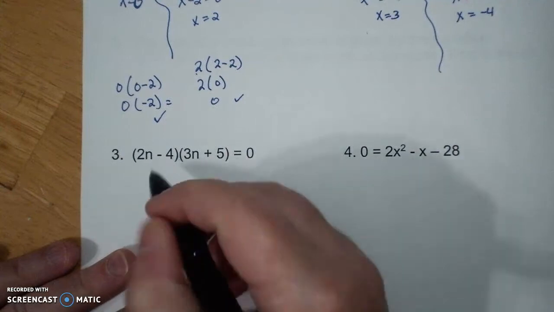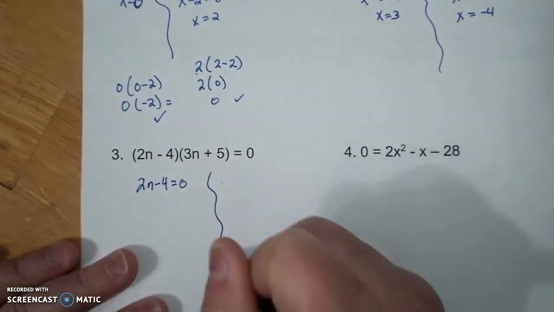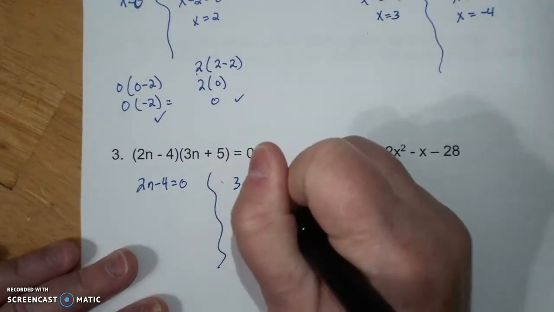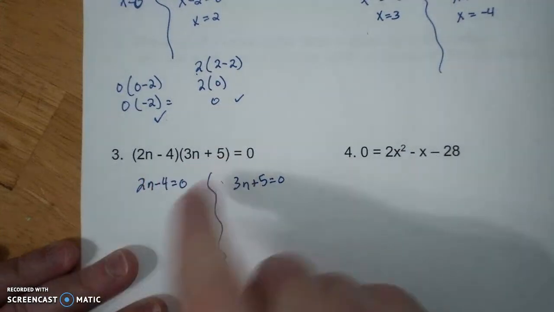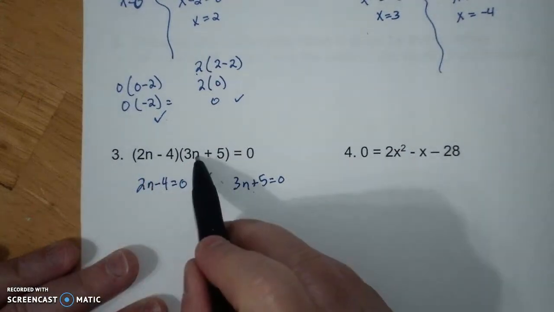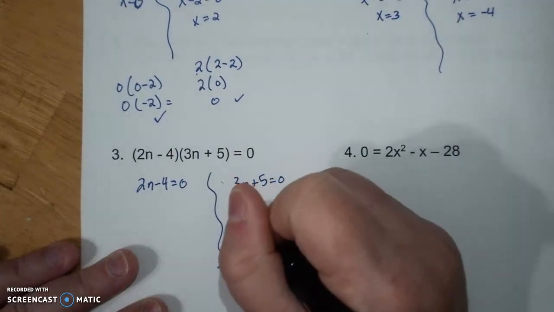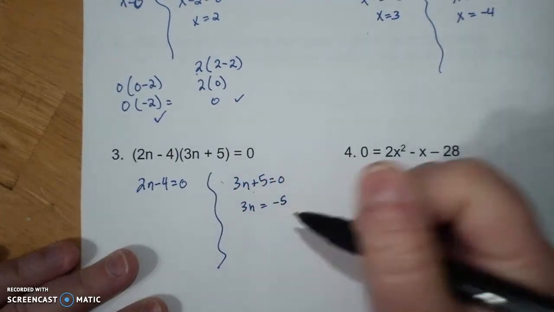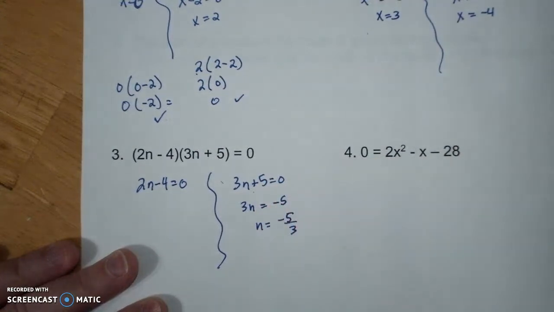So if this entire blob, 2n minus 4, equals 0, or 3n plus 5 equals 0, if any of that happens, then the whole thing would be 0. Because if I plug it back in, that would make that a 0. So 3n equals negative 5, n equals negative 5/3.